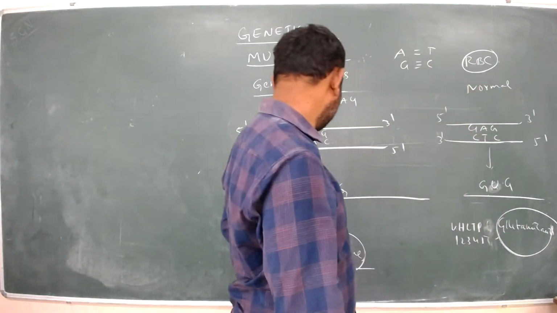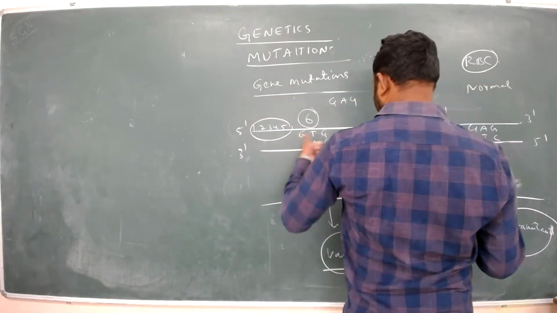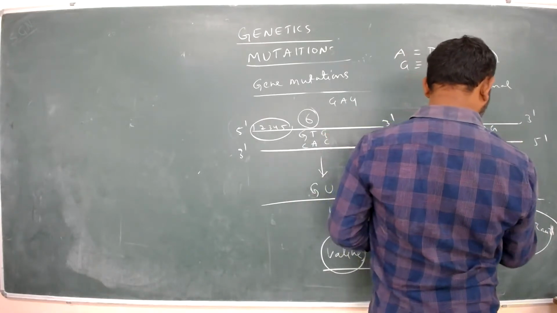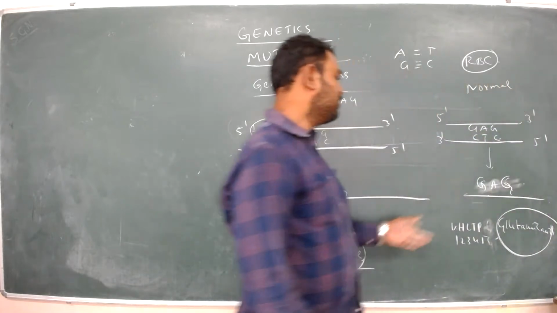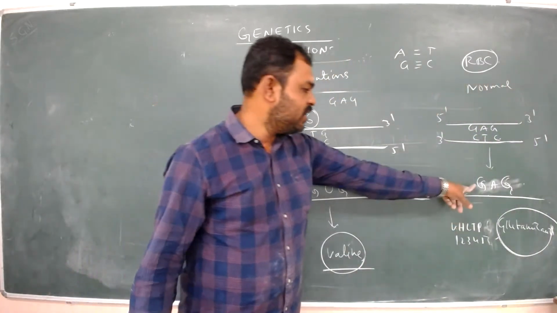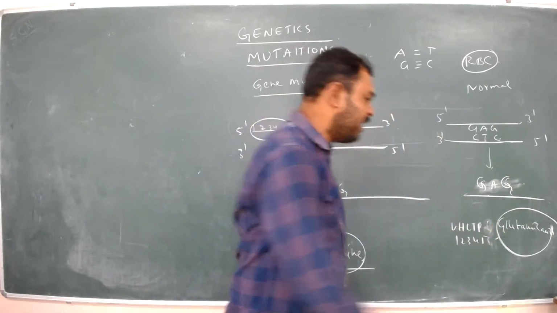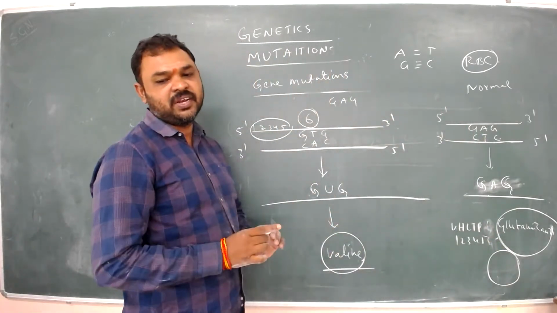Here GTG, GAG, CTC. This is a GAG codon. This GAG codon is responsible for glutamic acid. Whenever glutamic acid is there, the RBC shape is biconcave or spherical.